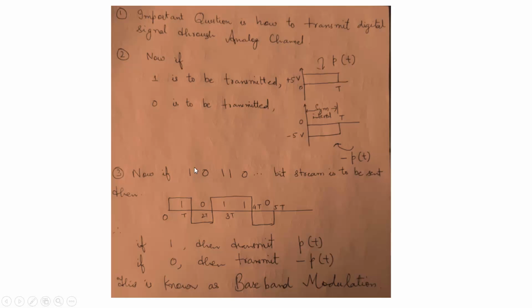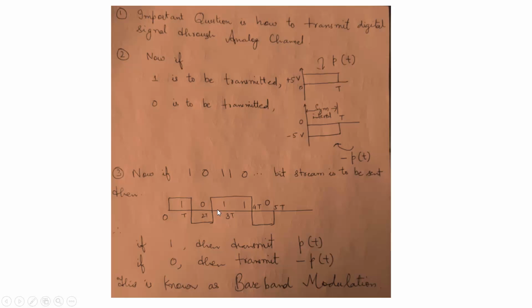Corresponding to the first symbol, it will be plus 5 volt for 0 to capital T seconds. Next 0 comes, so it will be minus PT pulse, that means minus 5 volt from T seconds to 2T seconds, right?